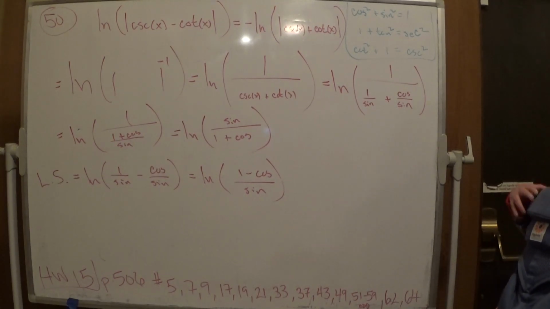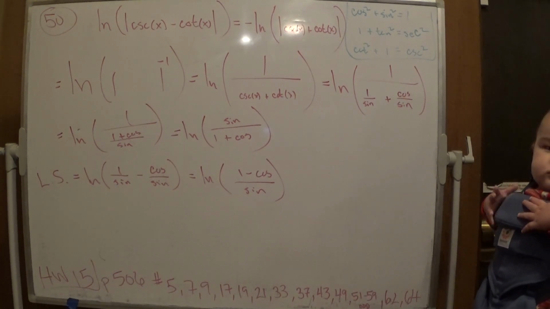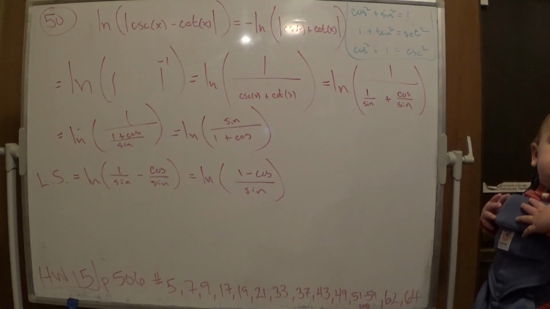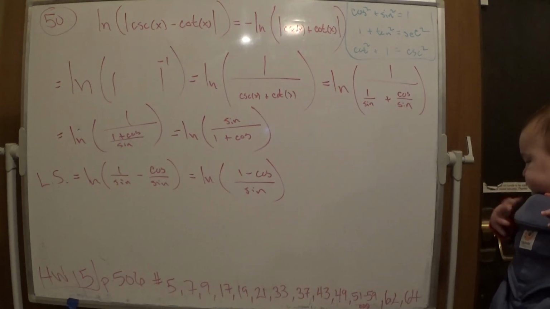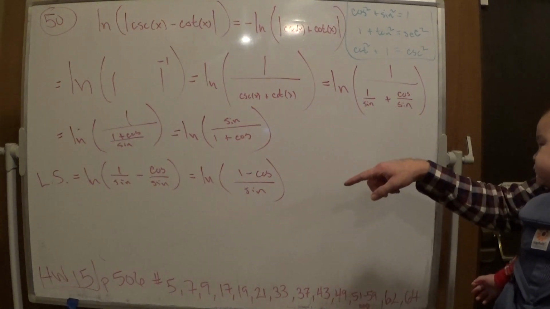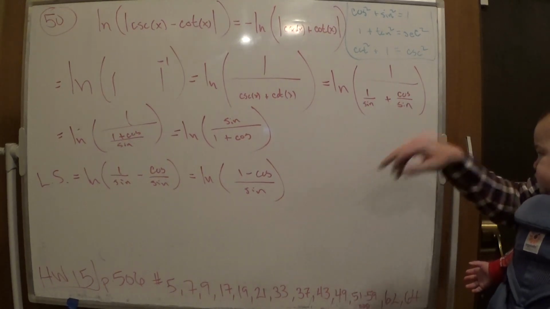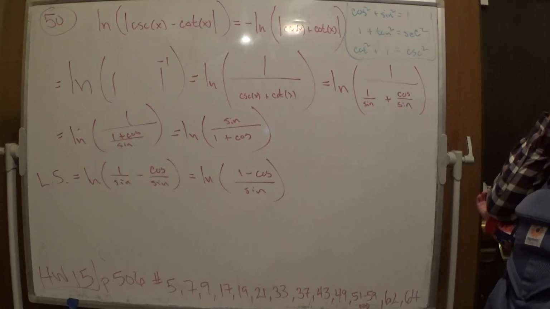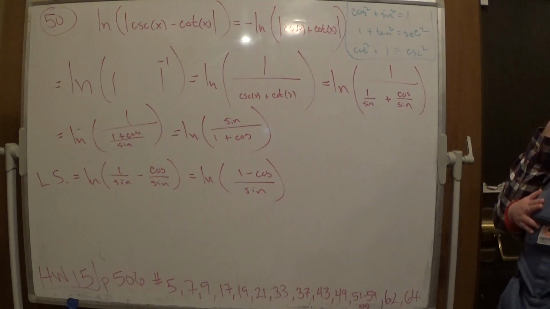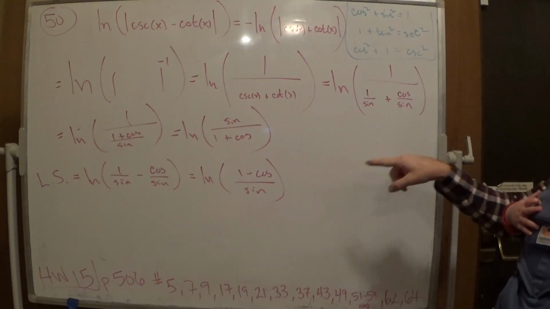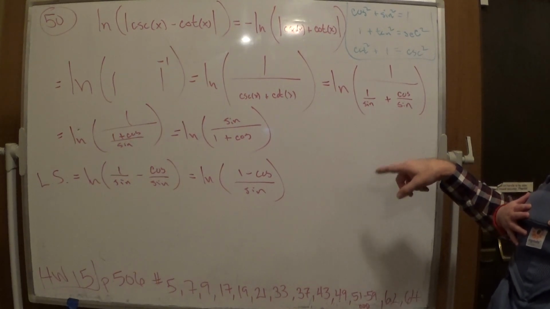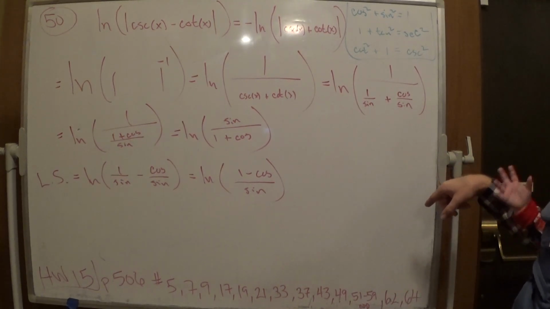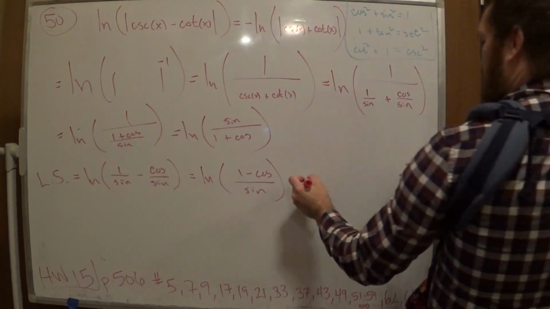Oh, you can take out the negative, because it flips it. Like you could take out the negative, flip it and say it's to the negative 1. So natural log of 1 minus cosine over sine is the same as natural log of sine over 1 minus cosine to the negative 1. Does that make sense?